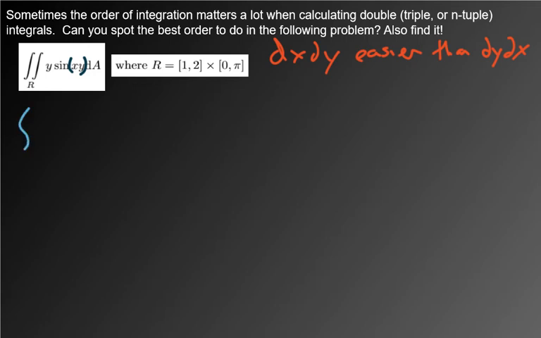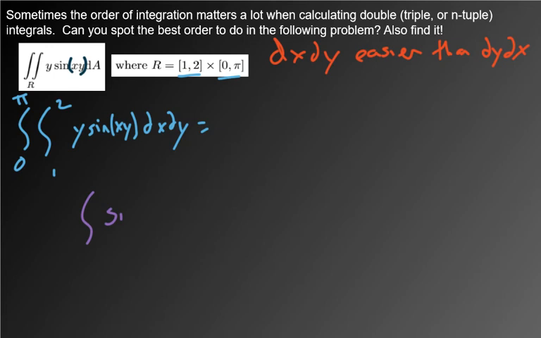So if I set that integral up, remember this is x, this is y. So I'm doing 0 to pi, 1 to 2, y sine xy dx dy, okay? And then, the integral of sine xy, the way I look at that, if you had the integral of, say, sine 2x dx, and this is how I look at it because when I do a dx integral, like I'm going to do here, y is a constant.